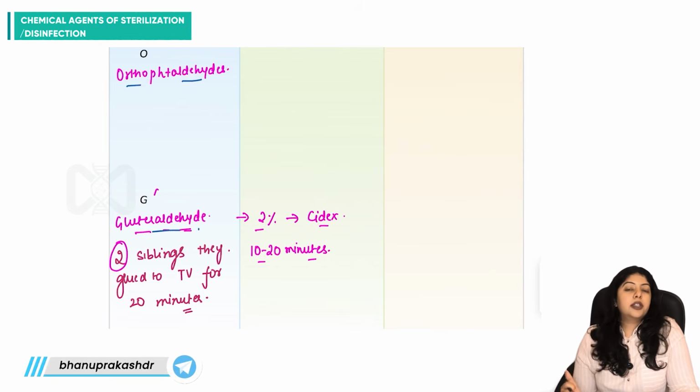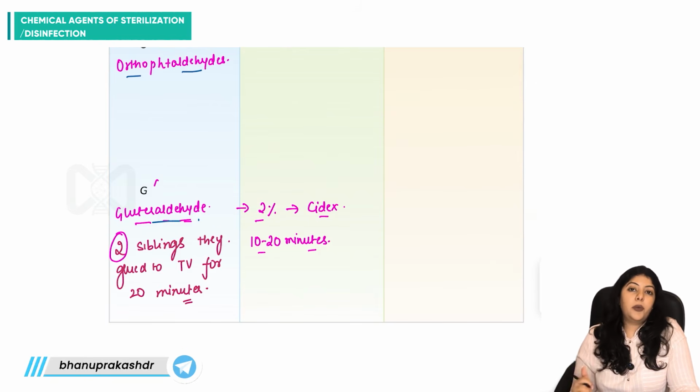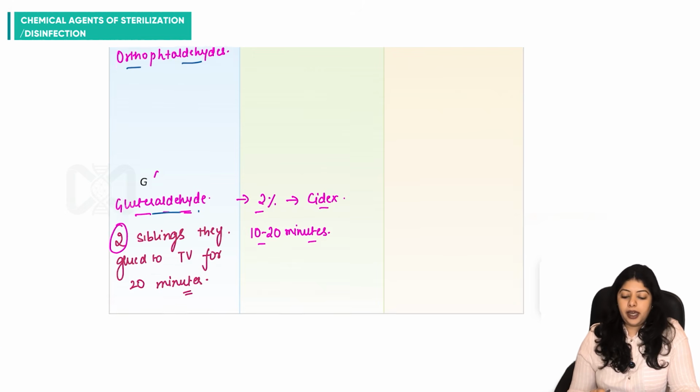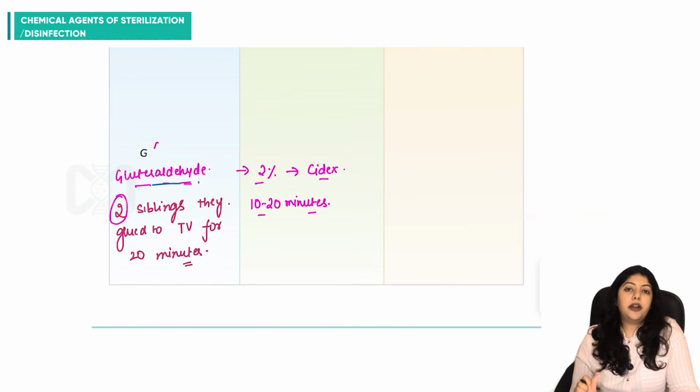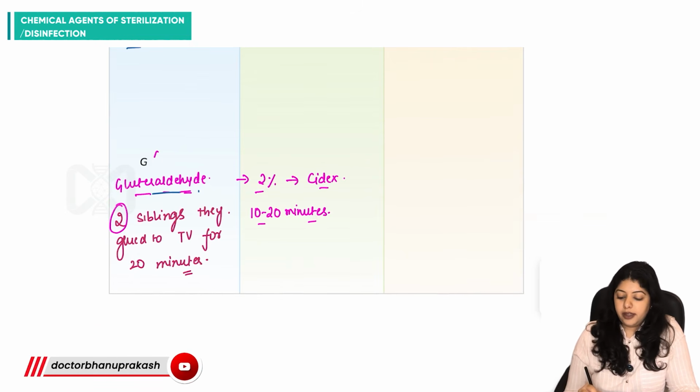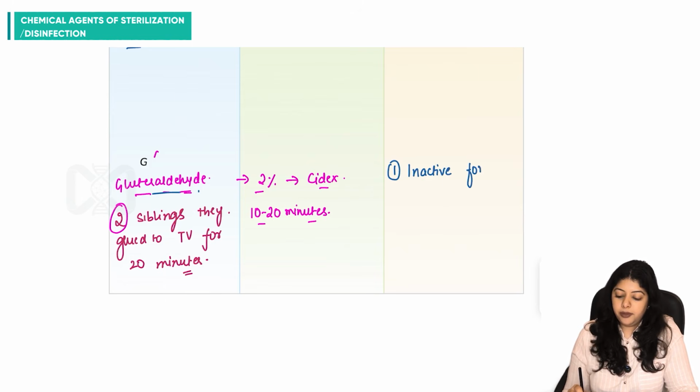So we have already discussed that glutaraldehyde requires 10 to 20 minutes of contact time, right? And one important disadvantage of glutaraldehyde is that it has to be activated first. So it is present in an inactive form, which needs to be activated first.